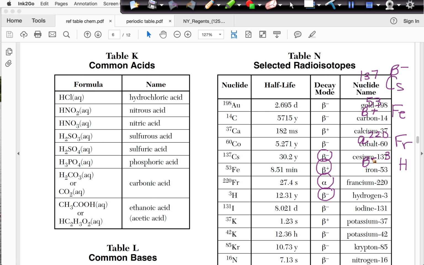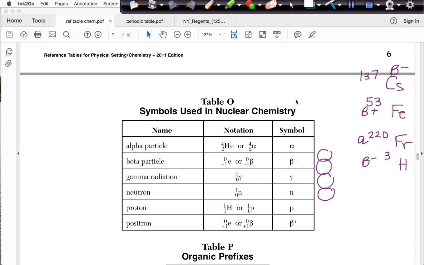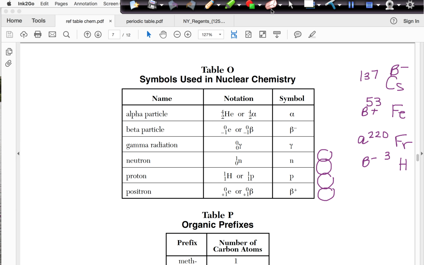The other place that we can look is table O, because table O has the mass numbers of these particles. So I'm just going to erase these little circles here. And if we look, B-, which is a beta particle, has a mass number of 0 because the beta particle has a mass of 1/1836 of an atomic mass unit.